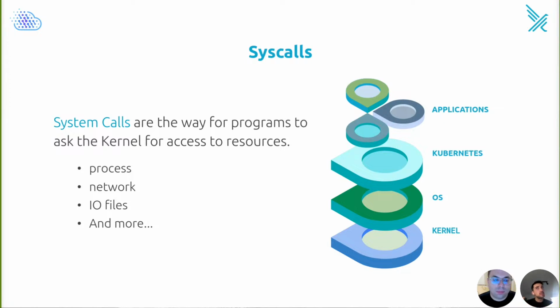So you can consider system calls like the API of your kernel, the way to request something from the kernel. You have a question and an answer. So if you can collect all these syscalls in real time, it means technically you can see everything that is happening internally in your system in real time. And this is exactly what Falco does.